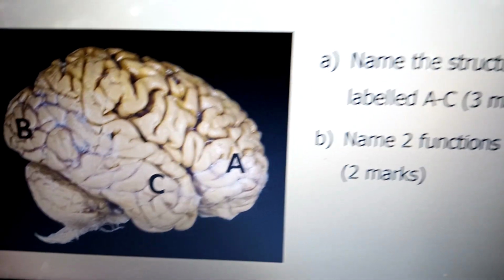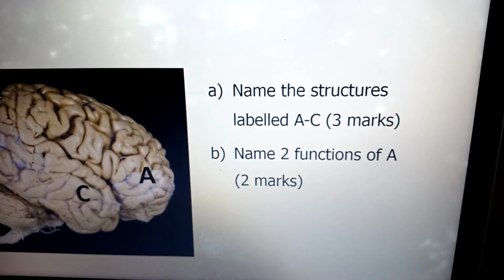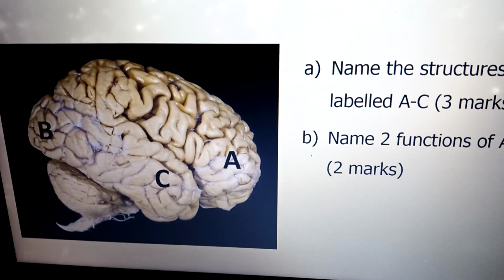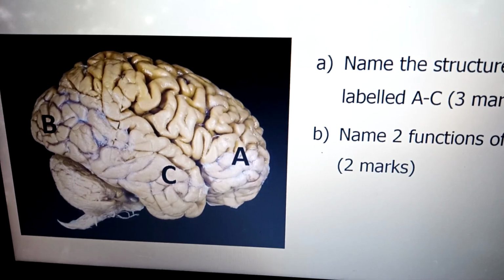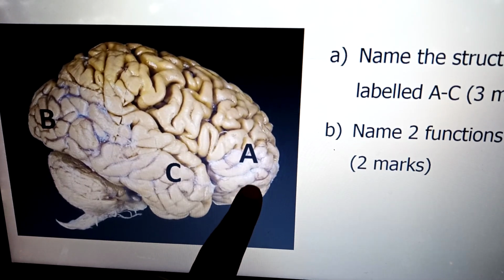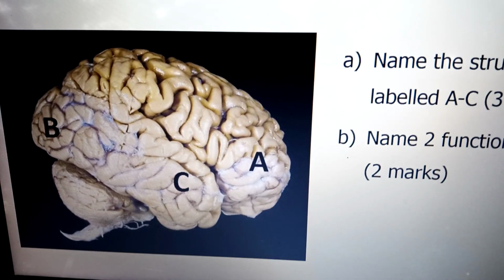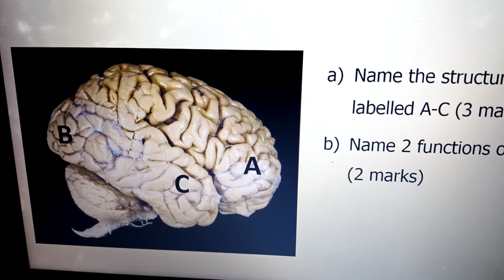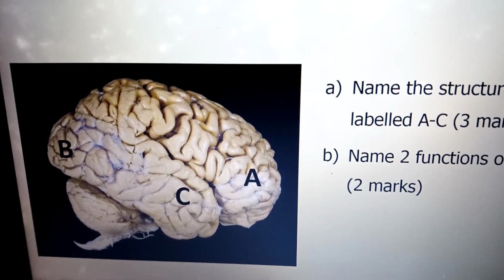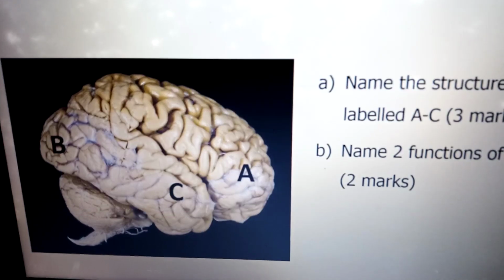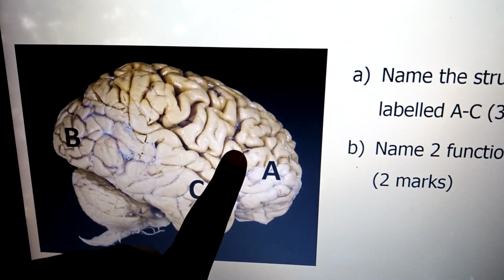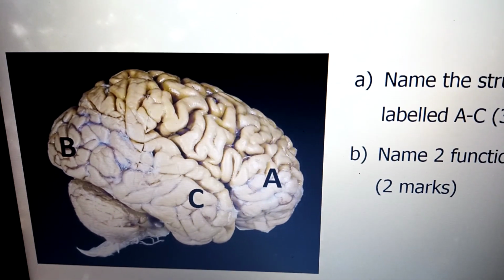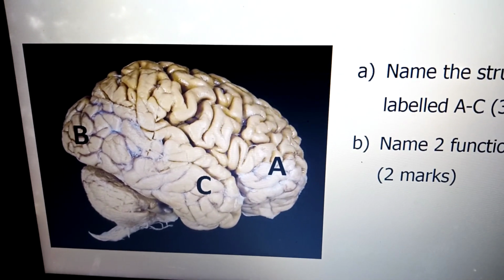So you are asked for two functions of A, which is the frontal lobe, and these two functions will include: one, cognitive functions because of the prefrontal cortex, which is here. So the cognitive functions are mental abilities. So here, decision making, judgment, reasoning, intelligence, fund of knowledge. And when you look at this part, this is the area on the left side, majorly what we call Broca's area for motor speech.